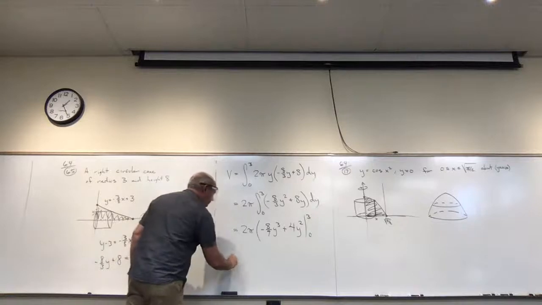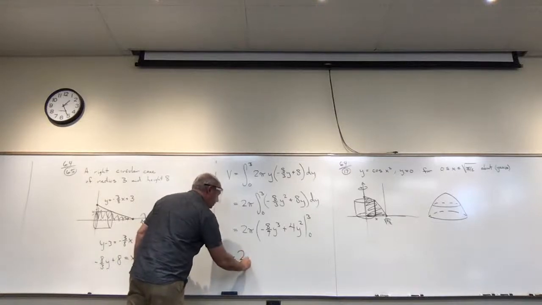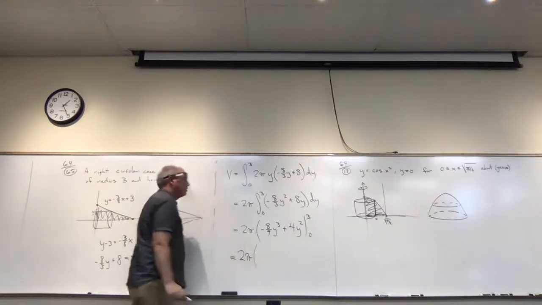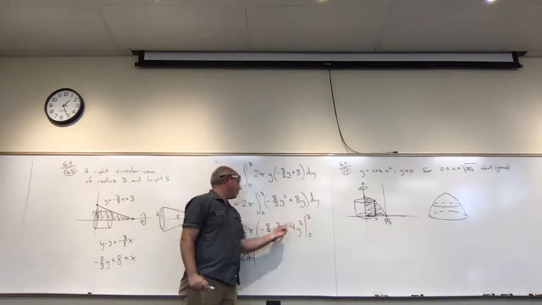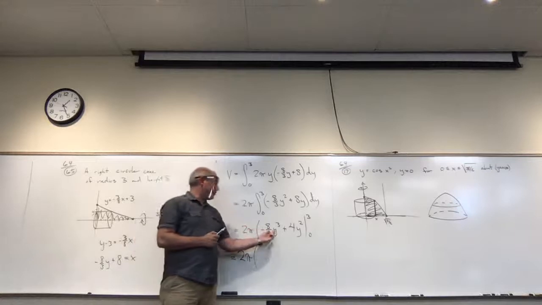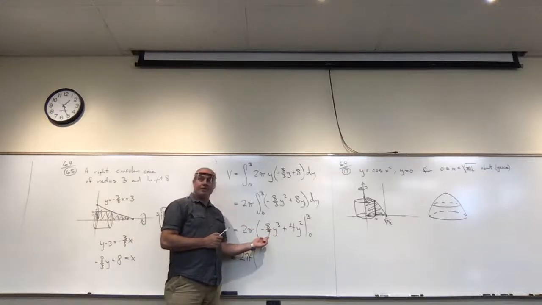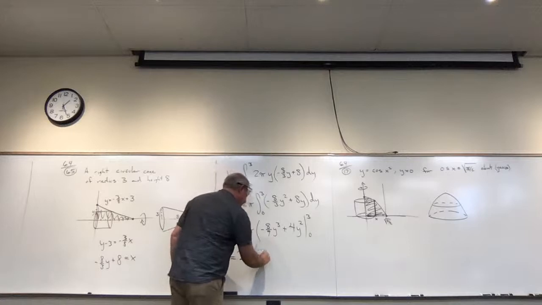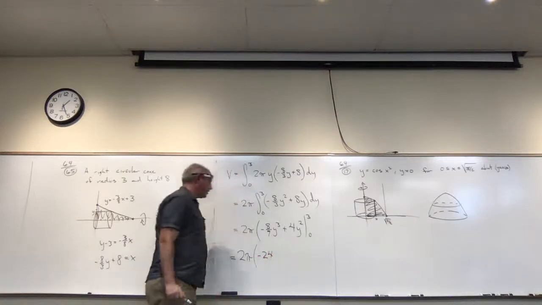Let's plug it in. We get 2 pi times, plug in the 3. 3 cubed is 27, divided by 9 is 3, times 8 is 24. So negative 24.